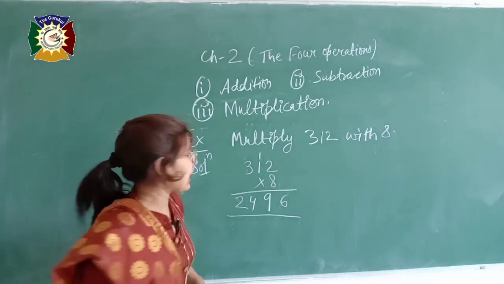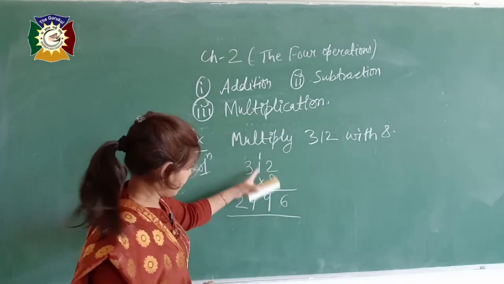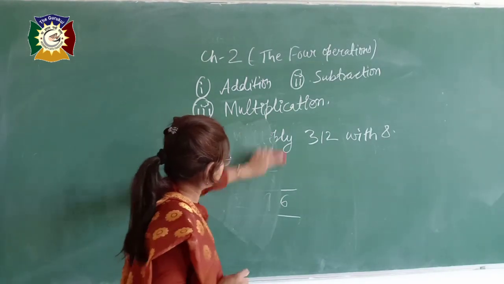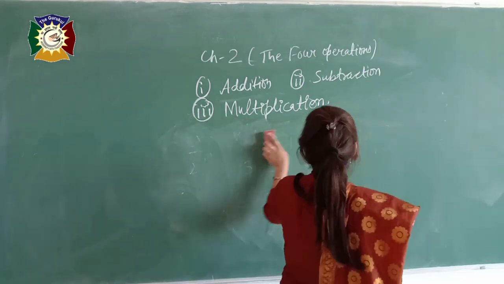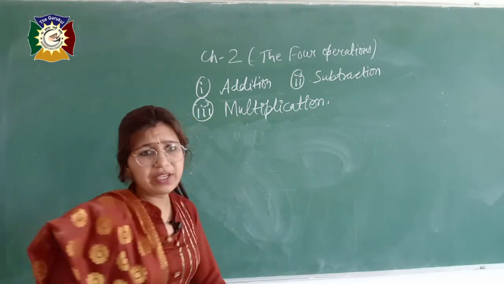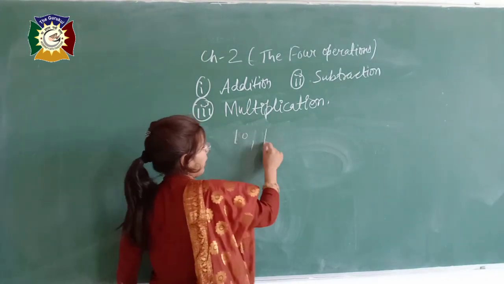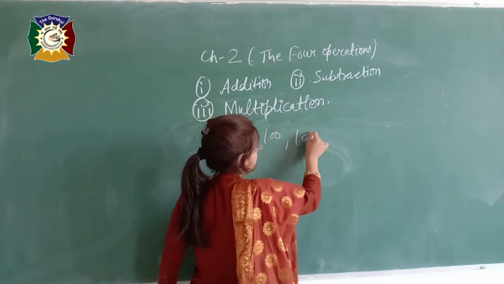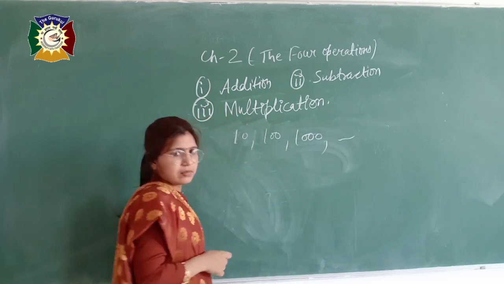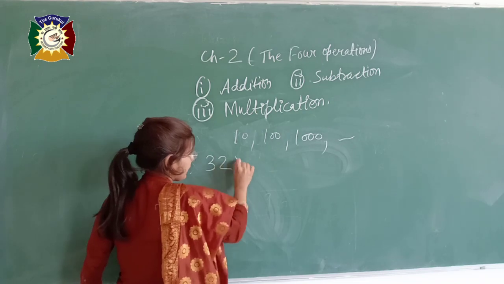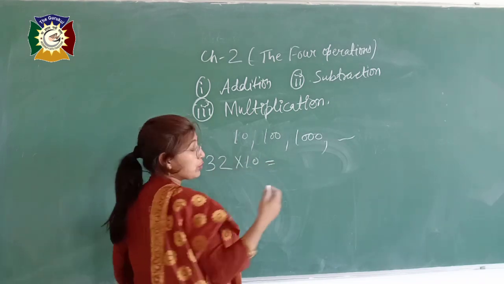Children, one more property I want to share after this example. See this question. Then I will share another property of multiplication. If we are multiplying any given number with 10, 100, 1000 and so on, then what do we get? Like if I want to multiply 32 with 10, I have to do nothing.